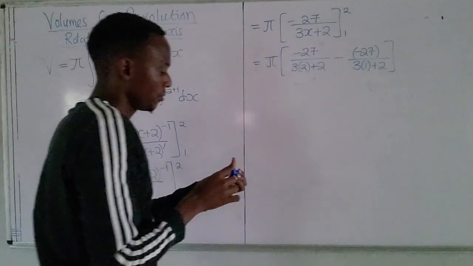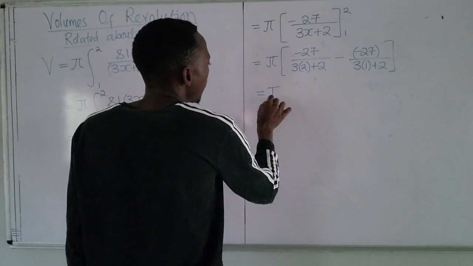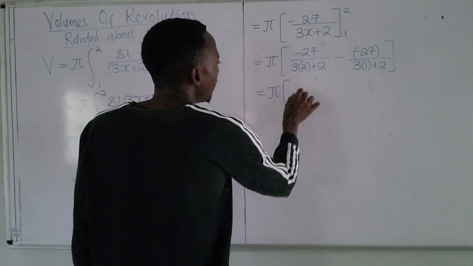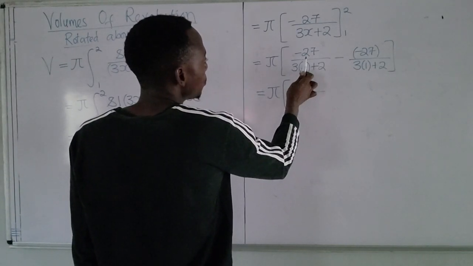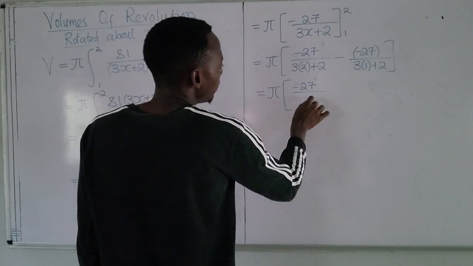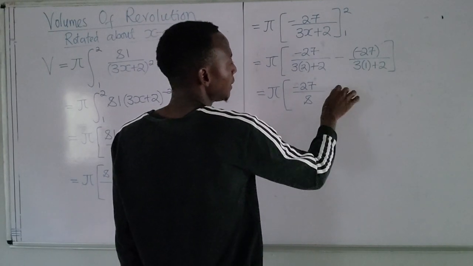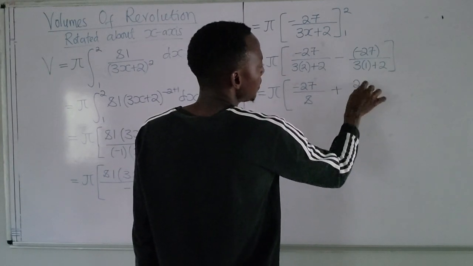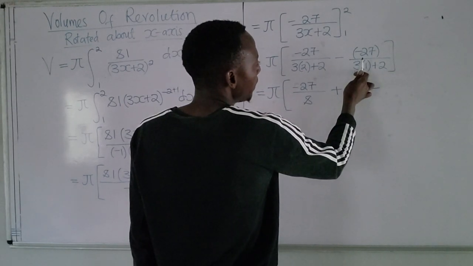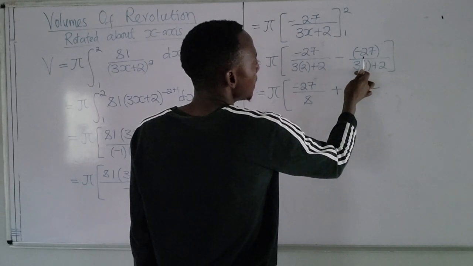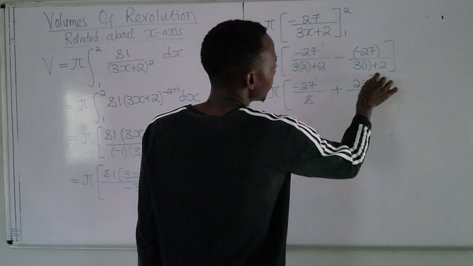Now, we have worked out the limits, therefore we proceed. Pi times negative 27 over 2 times 3 is 6 plus 2, that will give us 8, minus negative, and negative and negative actually gives us positive, so we have 27 over 3 times 1, 3 plus 2, that gives us 5.